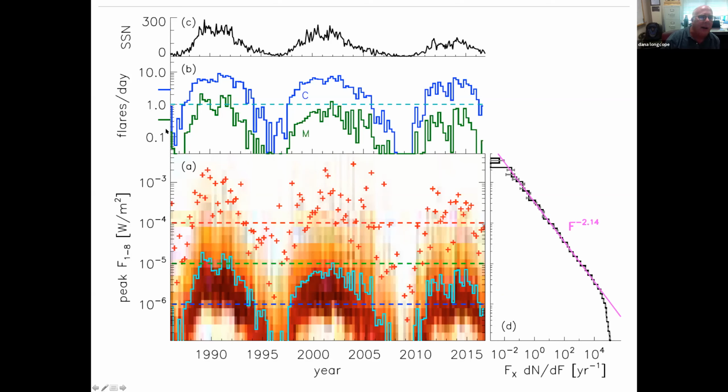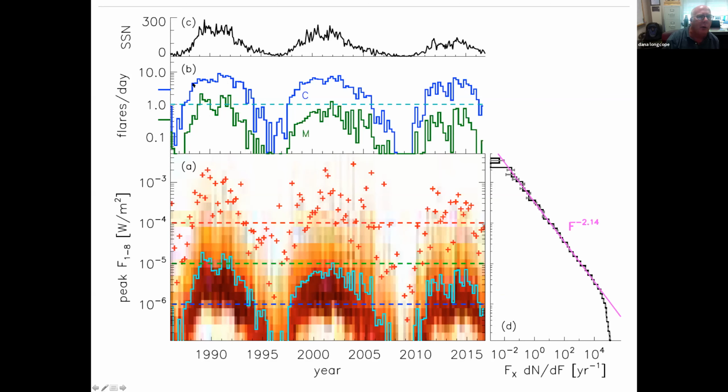So up here in this intermediate panel, I show you the number of C-class flares per day. And you can see it follows the same sunspot cycle trend. During the max, you're seeing somewhere over, I think the median here is 3 per day.